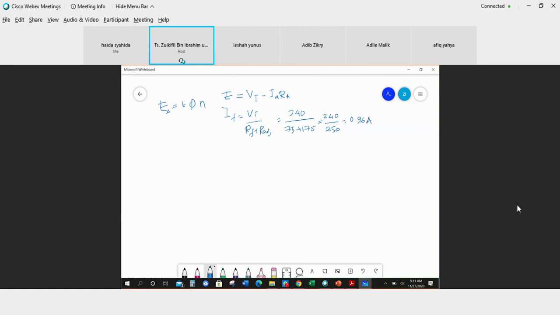Okay, pada keadaan ini, this condition. So now what is your IA? Your EA equals to 240 minus what is your IA?